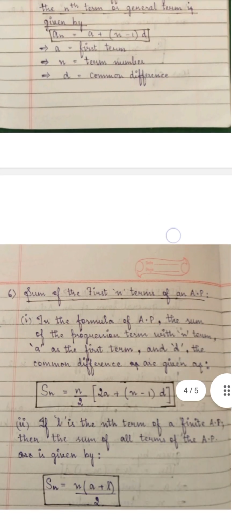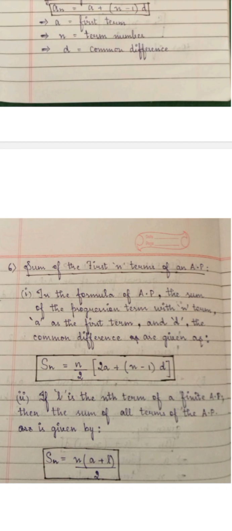Next formula is the sum of the first n terms of an AP. Previously we found how to find the nth term of an AP. Now we are going to study the summation of an AP. As we know, a is the first term and d is the common difference.